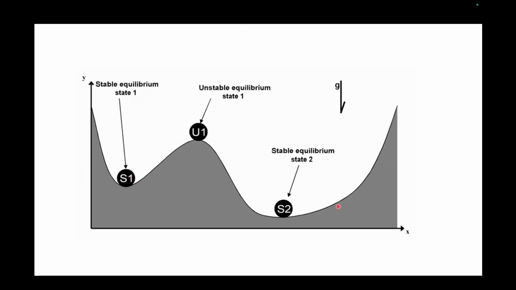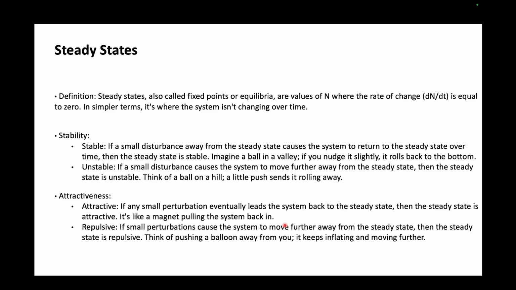And S1 and S2 are stable equilibria or stable steady states, because if you perturb them, the system will tend to come back to its original position. So this is a very good example of what we mean by stable and unstable steady states.